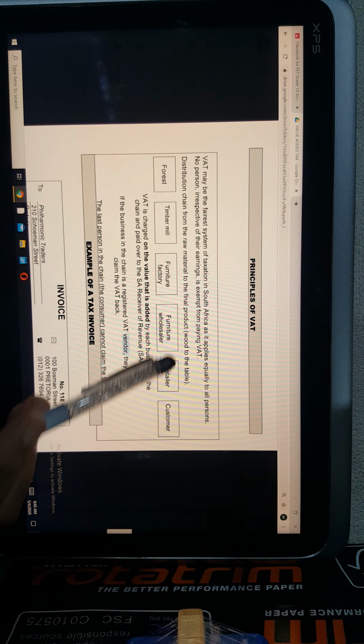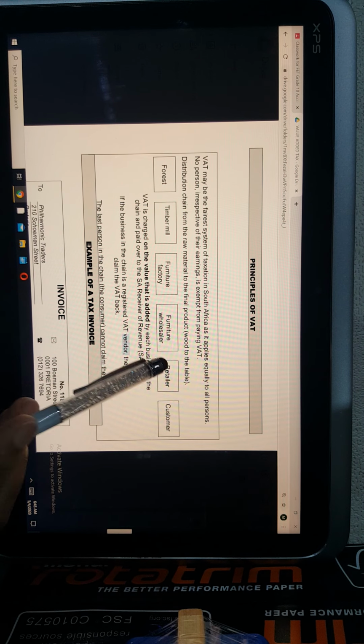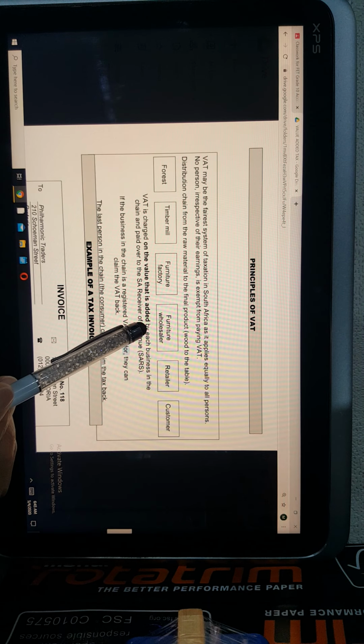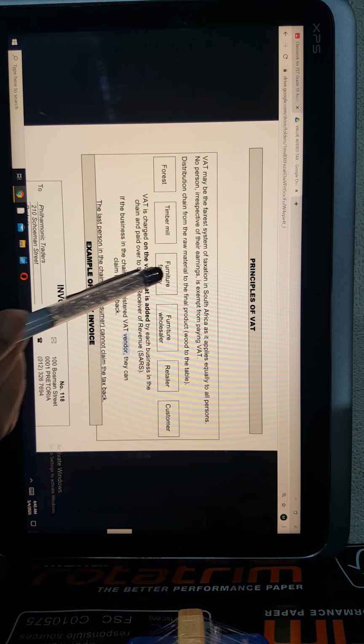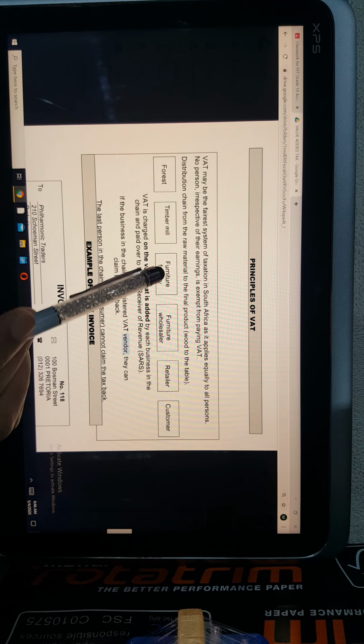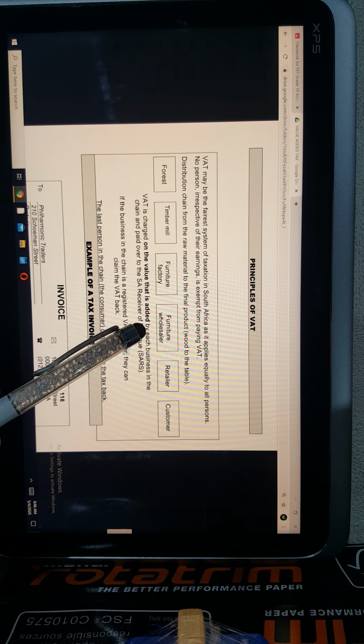The retailer is going to buy that table from the furniture wholesaler. He's going to pay VAT as well when he buys it from the wholesaler. Then when the wholesaler buys from the factory, same thing, he's going to pay VAT to him. And when these guys are buying timber from the timber mill, they are going to pay VAT to them. Okay?